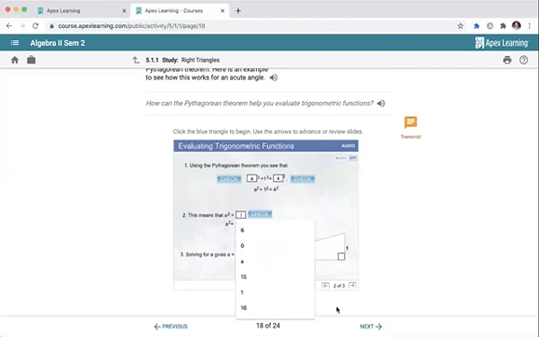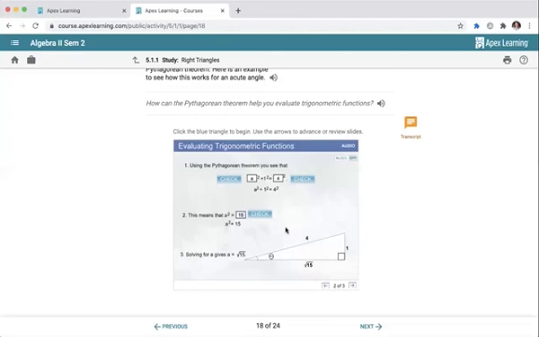Sorry, I can't do basic math today. It's going to be 15 because 4 squared gives us 16, minus 1 squared, which is 1, so that gives us 15 for a squared. Then in order to get a by itself, we take the square root of 15, and that gives us our side right there.